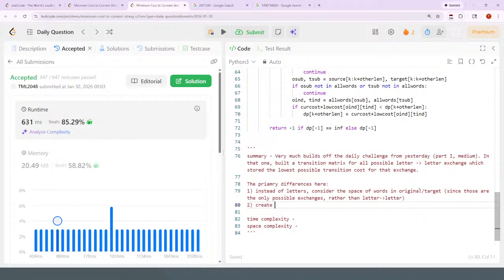Create, map each of those possible words into an index, and create an appropriately sized transition matrix. I call this again low cost.